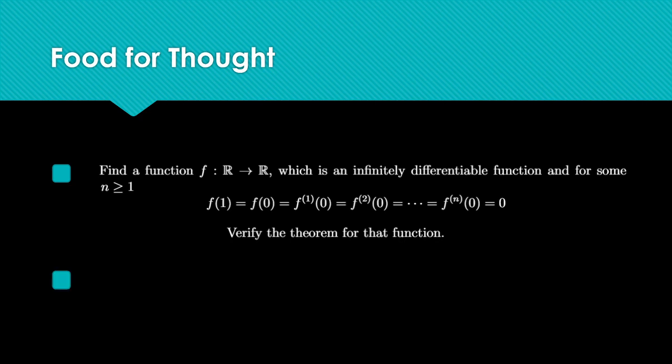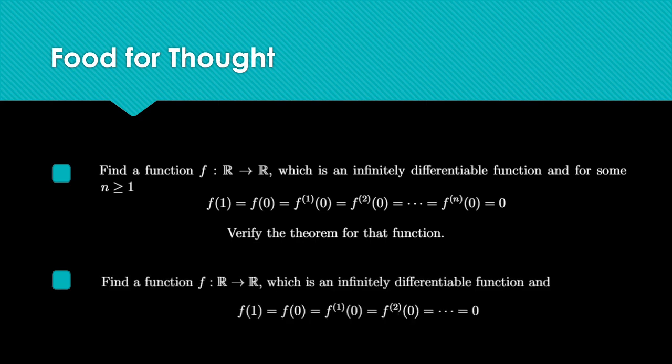What's next? What if I loosen the condition that for some n the nth derivative is 0, and tell you that it happens for all n? If f(1) equals 0, f(0) equals 0, and all the derivatives at 0 are 0, can you find such a function which is infinitely differentiable?